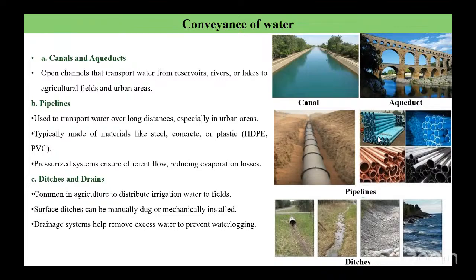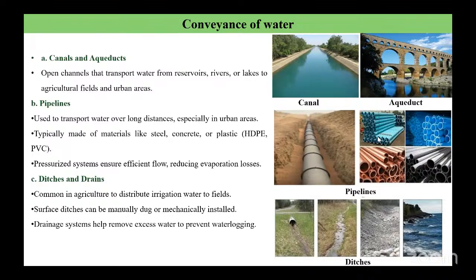So coming to the ditches and drains. These ditches and drains are commonly seen in the agricultural sectors in order to distribute irrigation water to the fields. Small ditches are created by farmers in order to divert the water from the major water body to their particular land areas, to irrigate their agricultural soils.